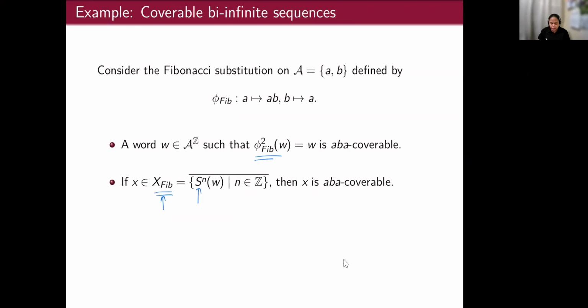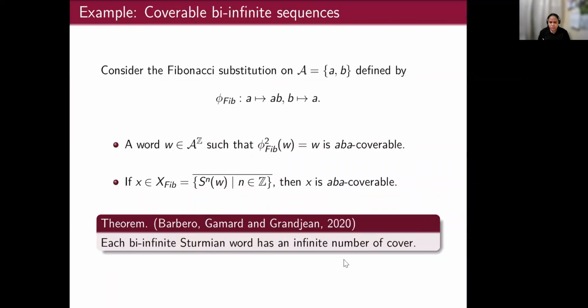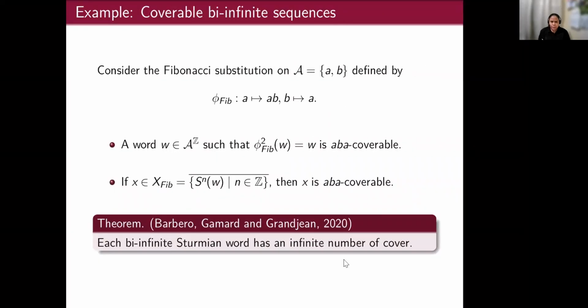Again, what we have here are examples of bi-infinite Sturmian sequences that are coverable. But last year, in 2020, Barbero, Gamard, and Grandjean were able to show that each bi-infinite Sturmian word has in fact an infinite number of covers.